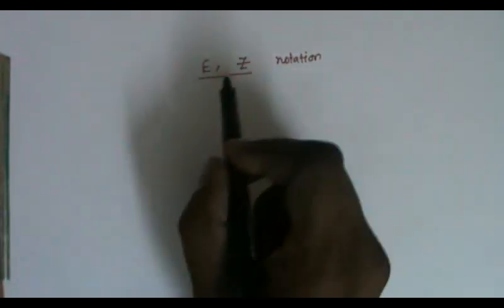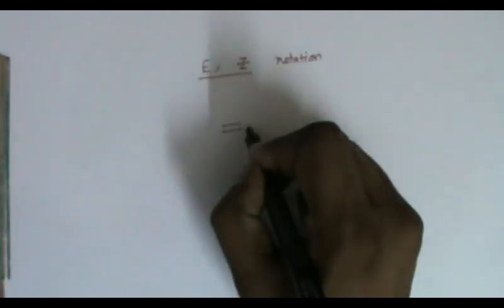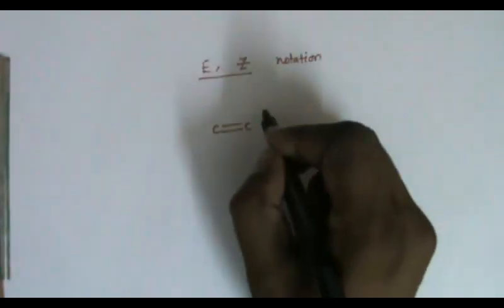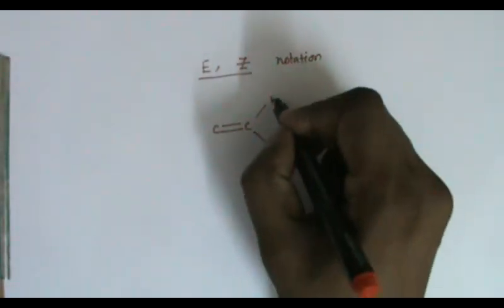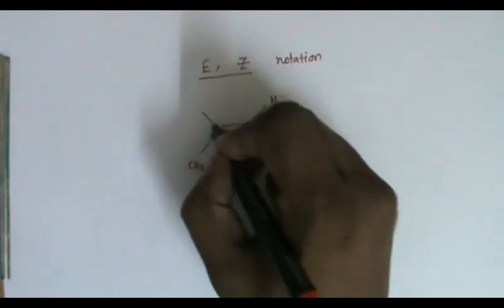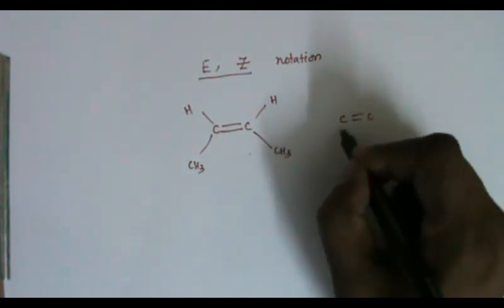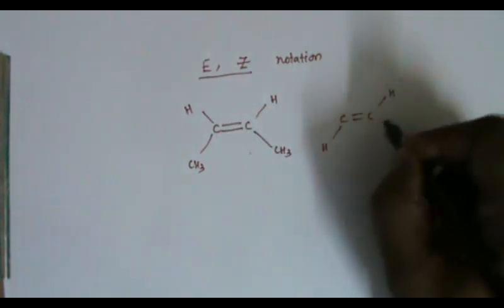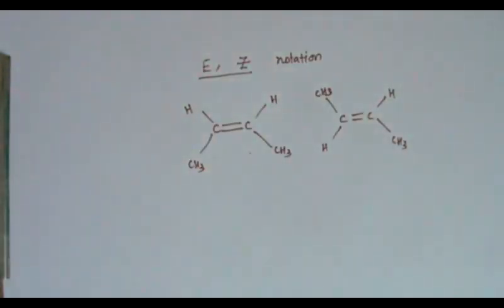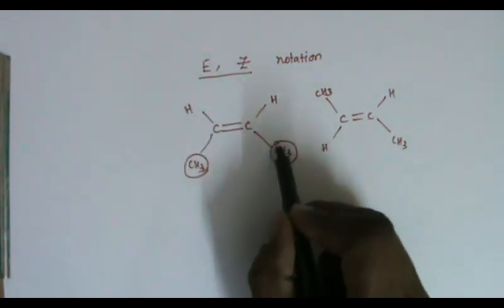Generally this E and Z notation is used for olefins. This olefin, if it has different groups, something like this, or like this, the orientation of the methyl groups is not the same.